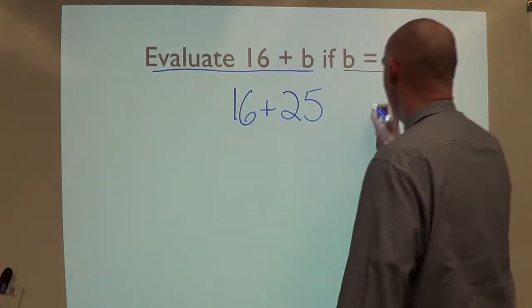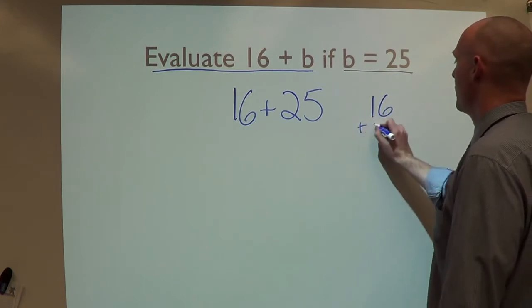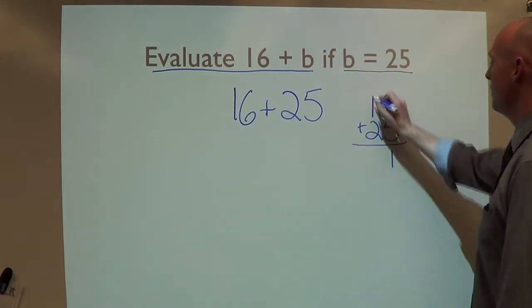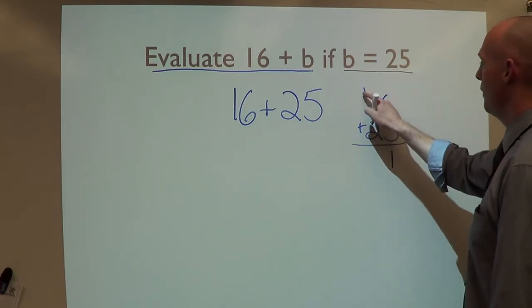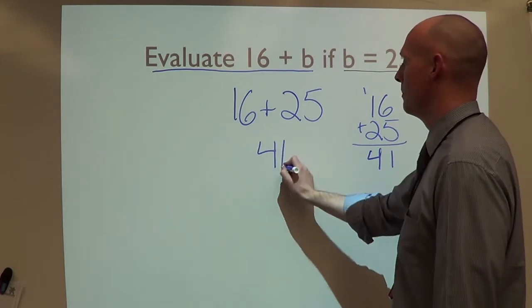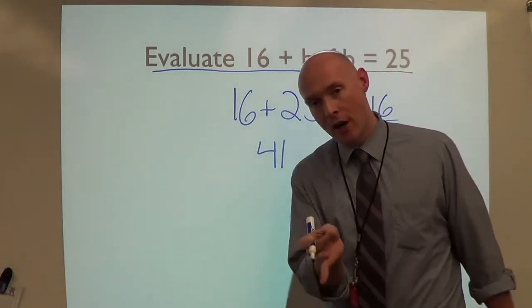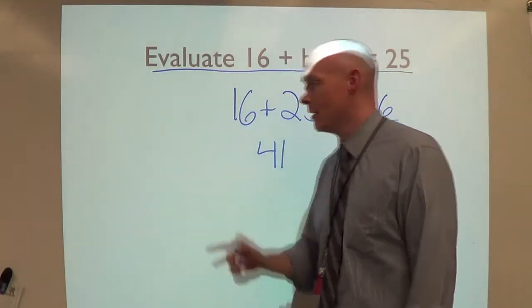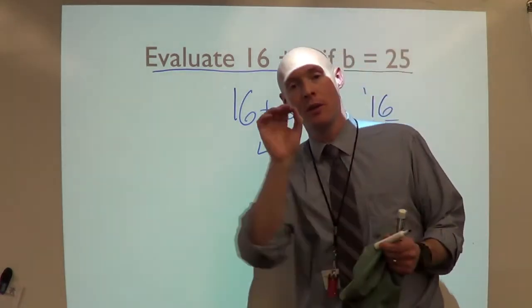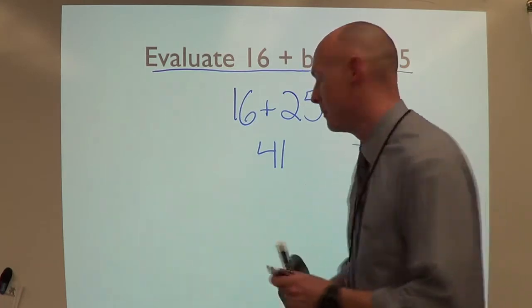So let's do it. 16 plus 25. 6 plus 5 is 11, plus 1, 2, 3, 4, 41. And the answer is 41. Again, when you see a variable, look for other information. In this case, b equals 25, so we just substitute the b for the 25.